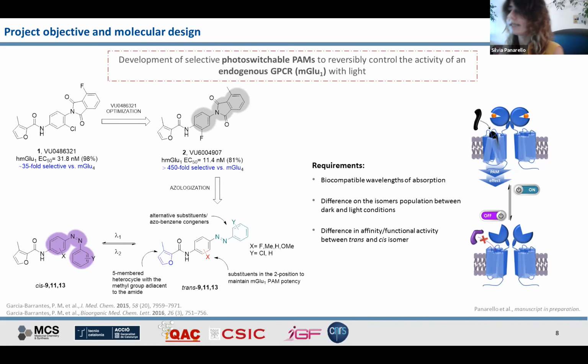So at this point, the photocontrolled analogs were expected to display mGlu1 PAM activity in their trans configuration, and after illumination, the cis isomers should not be active due to the abrupt change of geometrical disposition, and this constitutes a trans-on approach.